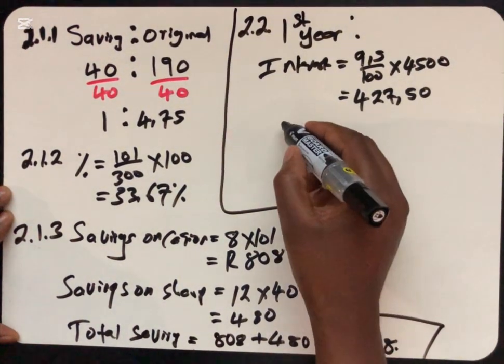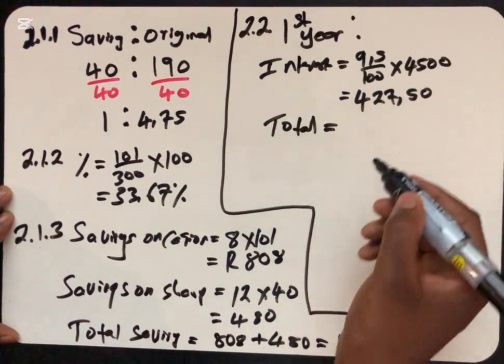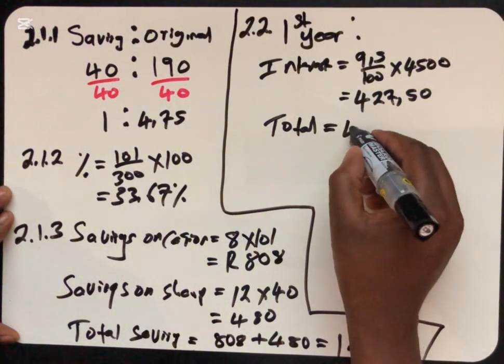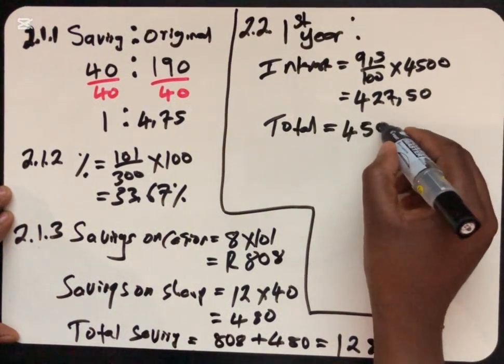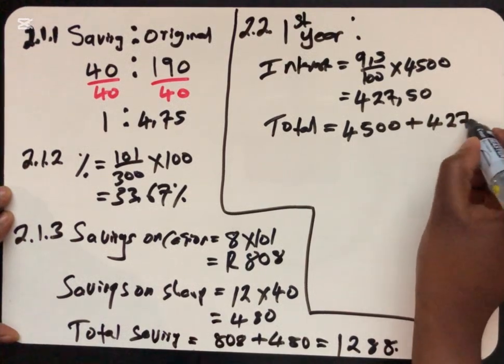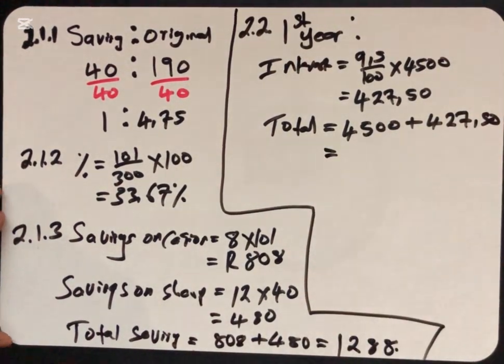So the total amount received at the end of the first year is going to be the invested amount of 4,500 plus 427.50 interest. We use a calculator there. We're going to say 4,500 plus 427.50.